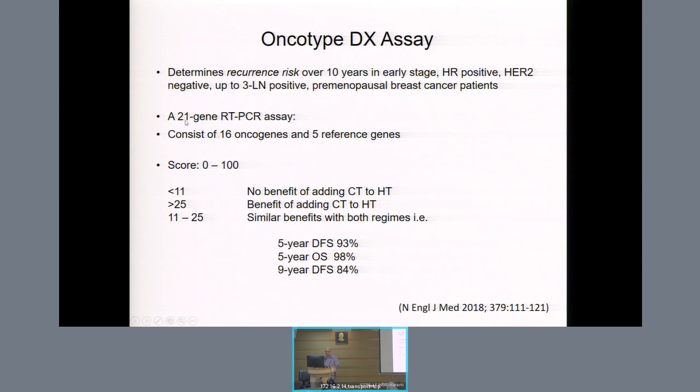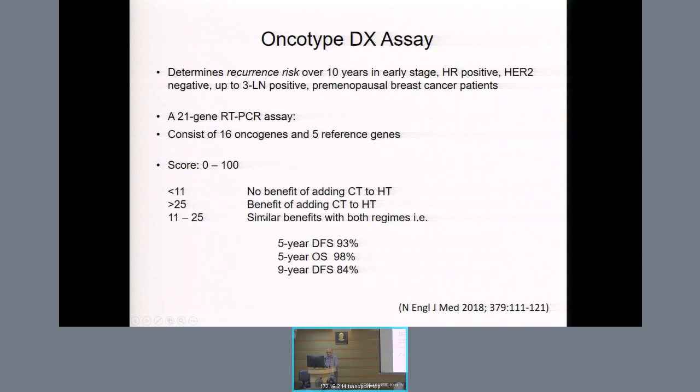So this is a 21 gene PCR assay. It has got 16 oncogenes and 5 reference genes. If it is performed, the score will be either less than 11, more than 25, or in between. This is all evidence-based. Different trials have been conducted, and they found that there will be no benefit of adding chemotherapy if it is less than 11.